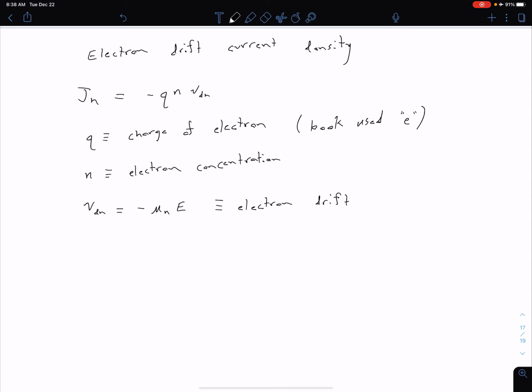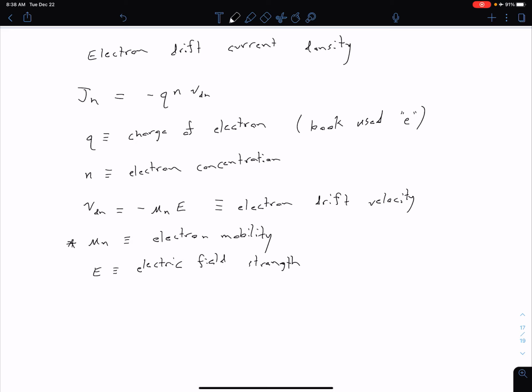So of course I've just introduced a new term here as well, so let's define that also. This mu sub n is equivalent to our electron mobility. And then of course our E is the electric field strength, so the magnitude of the electric field. I'll come back and mention some other notes about this mobility term a little later.